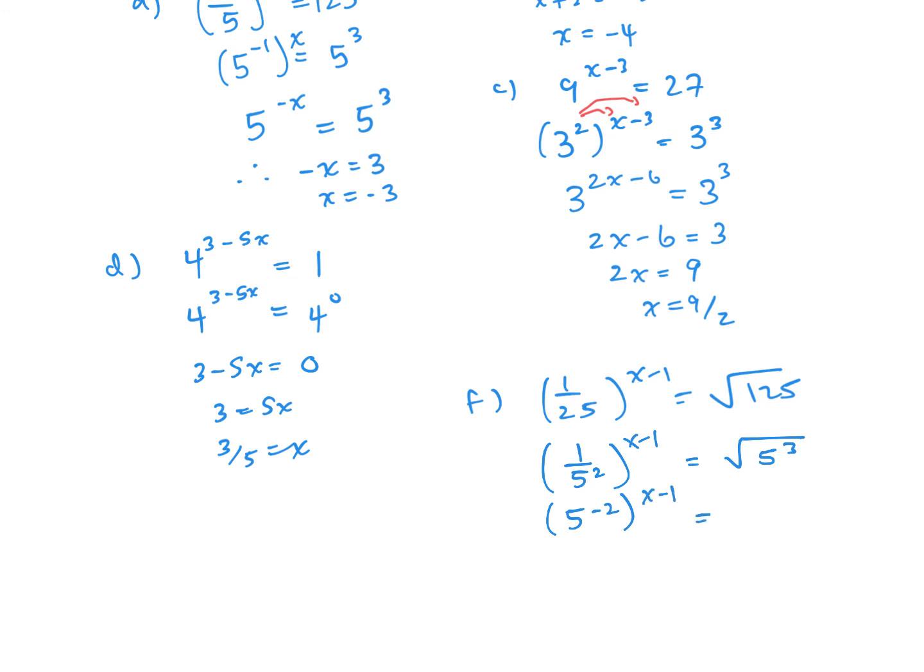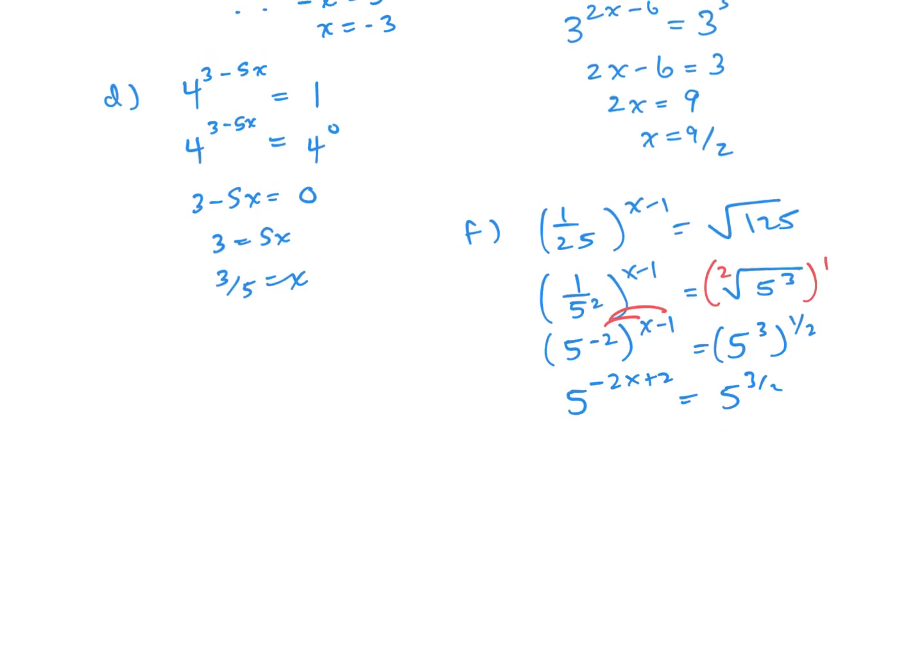And remember that a root we can write as a rational exponent, so it's root 2 to the power 1. So we could write that as 5 to the power 3, and then change the square root to 1/2. Don't forget to multiply both terms by the negative 2. So that would be negative 2x plus 2, and that would be 5 to the 3 over 2.